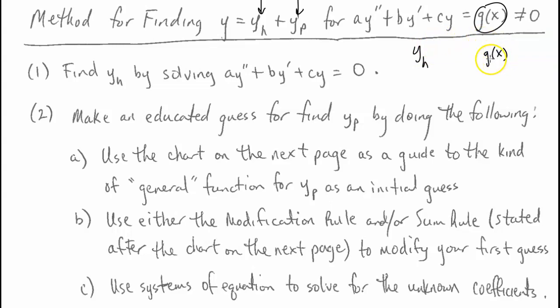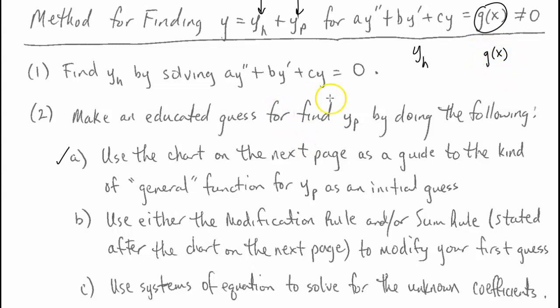In the case of 2a here, and I'm going to show you the chart that this is referring to in just a second, the homogeneous solution and the g of x function do not have any common terms.